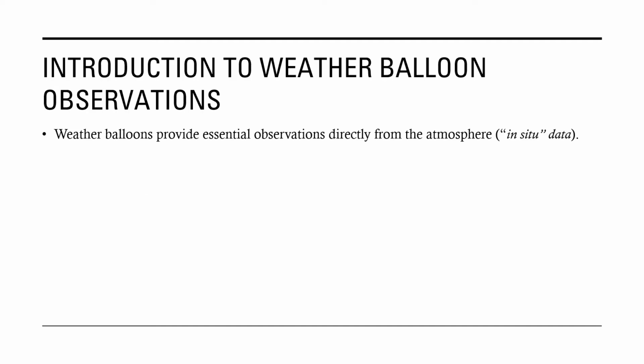So weather balloons provide essential observations directly from the atmosphere. The data they provide is known as in situ data. In situ is a Latin term for in position. It means that we take that data directly from instruments that sense the atmosphere or the ocean directly. And so we have a weather balloon with an instrument package tied to it that is floating through the atmosphere.